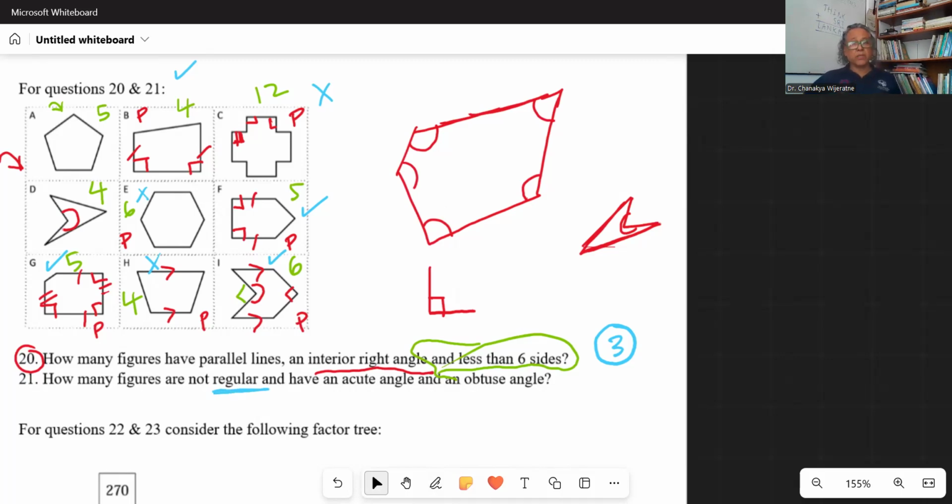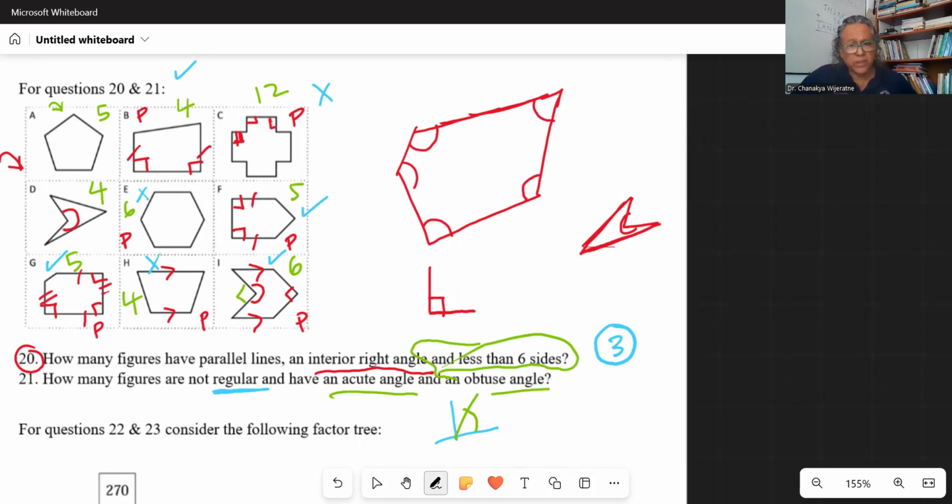Acute angle, what's an acute angle? Less than a right angle. Here's a right angle, and if you take any angle between 0 and 90, it's an acute angle.